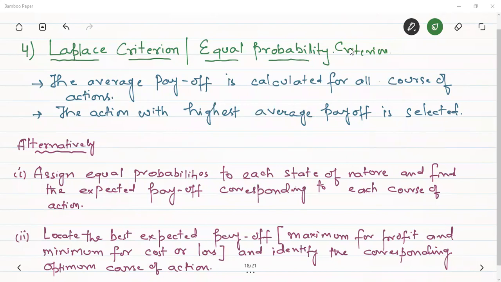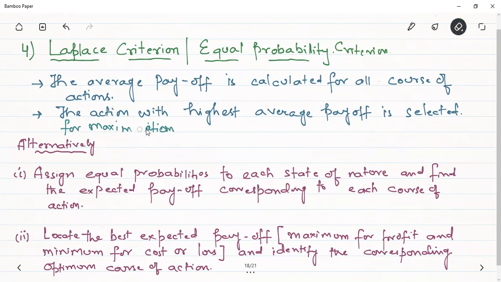And once the average is calculated for each course of action, the action with the highest average payoff is selected, for maximization.